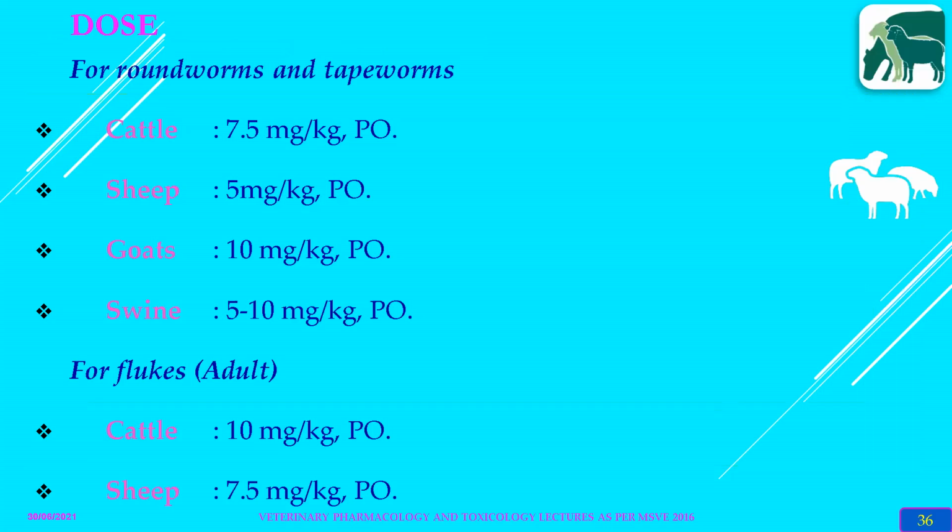In case of suspected flukes, this drug is going to affect the adult flukes only. In cattle it is administered as 10 milligram per kg tablet. A heavy cattle may weigh 400 kgs, so you may require 4000 milligram of the drug. In sheep, it is 7.5 milligram per kg.